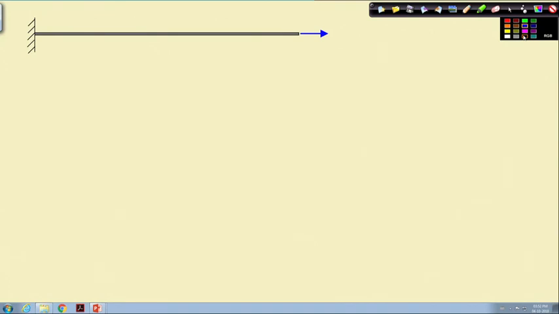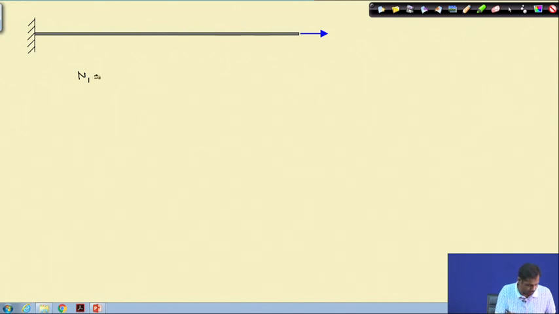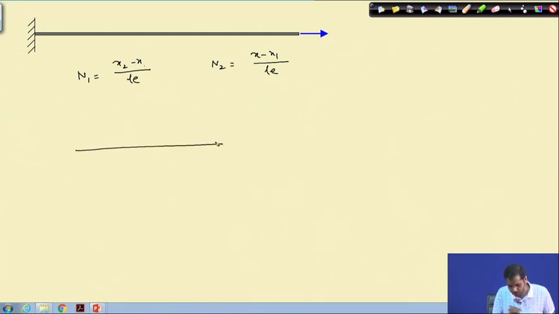if we write once again, n1 was x2 minus x divided by LE, and n2 was x minus x1 by LE, right. Now, if I plot it, suppose this is the member, this is x1 and this is x2, and plot n1.